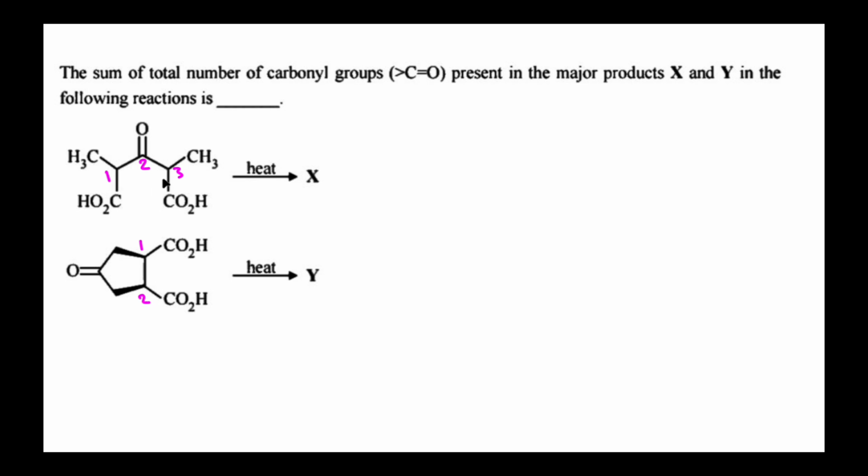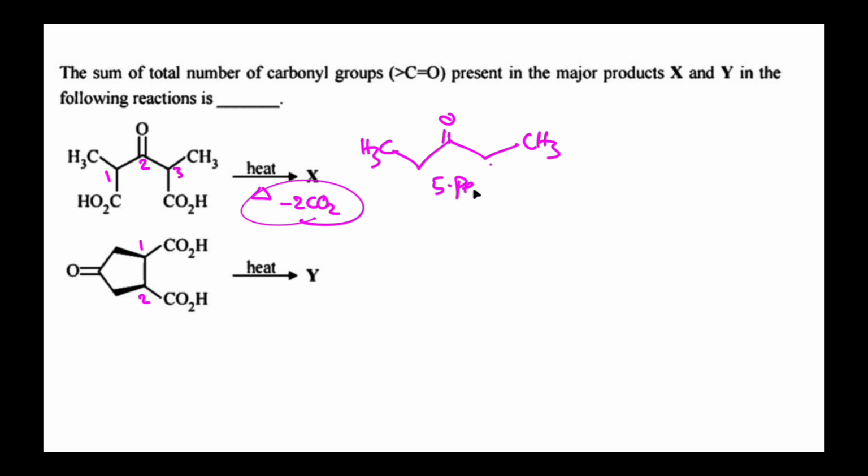So in the first compound, by heating, decarboxylation takes place. So what happens? A normal ketone is formed. No cyclization takes place because both carboxylic acid groups are present at 1,3 position. Only decarboxylation takes place, so that cyclopentanone is formed.